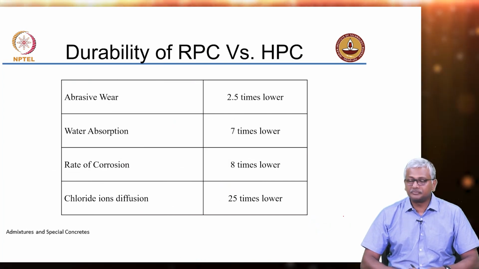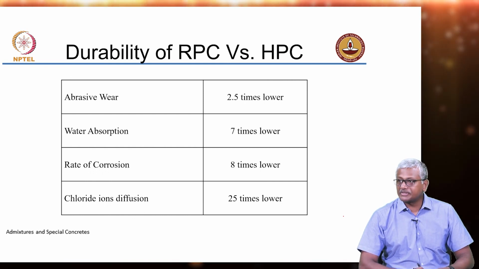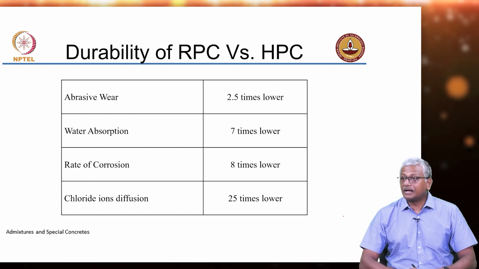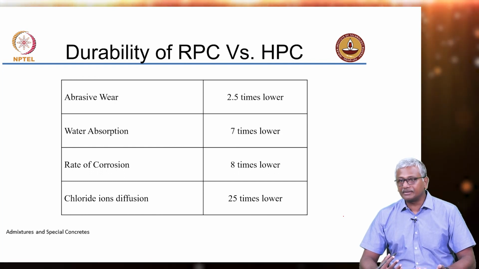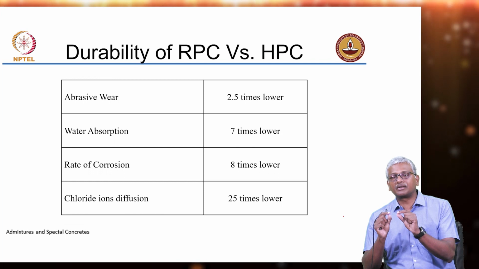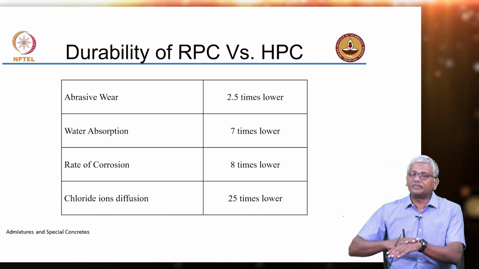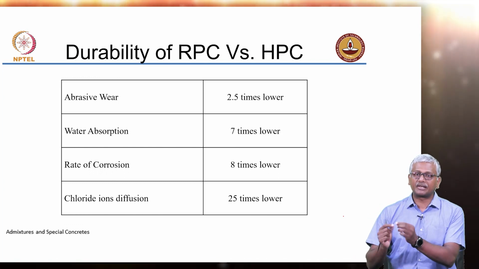Now, in these research papers, they also looked at durability of RPC versus HPC. The abrasion resistance is significantly higher for obvious reasons, because you don't have any major difference in particle sizes anymore, right. So you have to actually abrade the material without dislodging the larger particles.